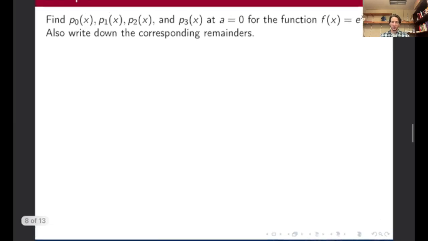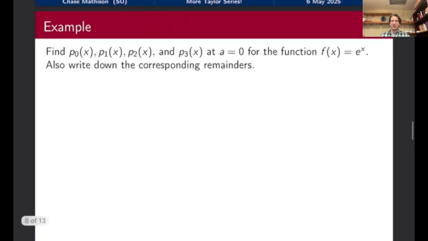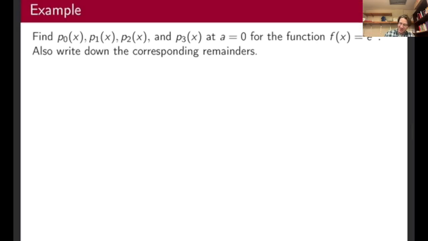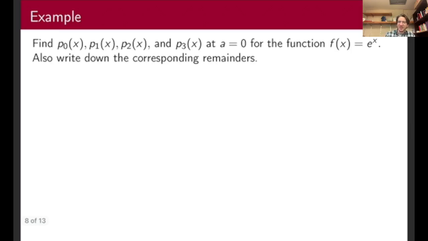All right, so if we've already found the Taylor series for a function, then we can write down the Taylor polynomials for that function just by chopping off the Taylor series. Okay, so everyone take a second, pause the video, and see if you can remember the Taylor series for f of x equals e to the x.